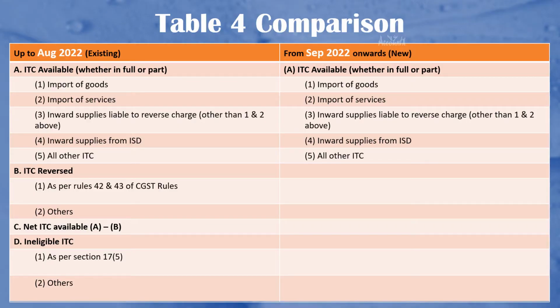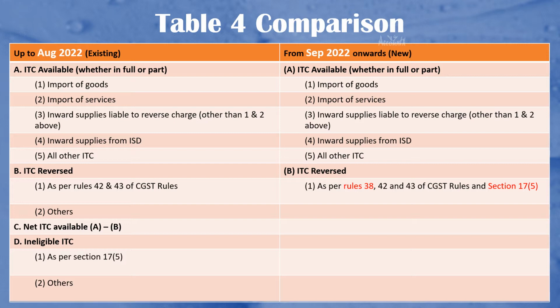The new Table 4, which is going to be applicable from September 2022 onwards, let's see the format of this new Table 4. Part A is ITC available. If you notice, there is no change in Part A, that is Part A is same as the existing one. Part B is ITC reversed. Here first we have as per rules 38, 42 and 43 of CGST rules and section 17 subsection 5.